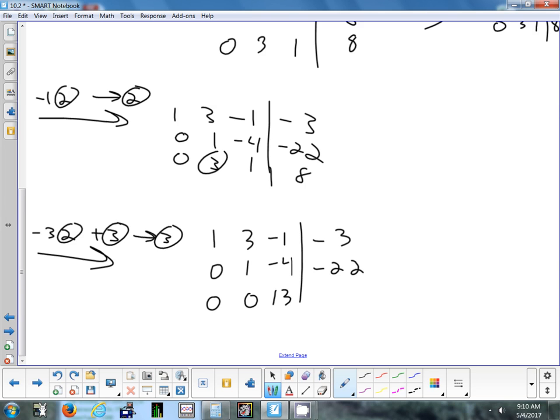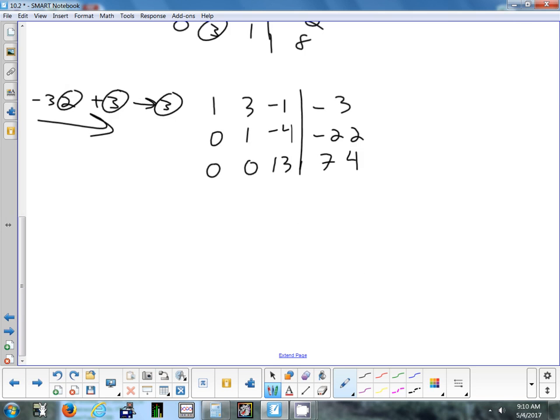Negative 22 times negative 3 is 66, plus 8 is 74. I'm not sure we're going to get a nice answer here. We'll see. So the last row, we can get a 1 there, or we can basically just say 13z equals 74.